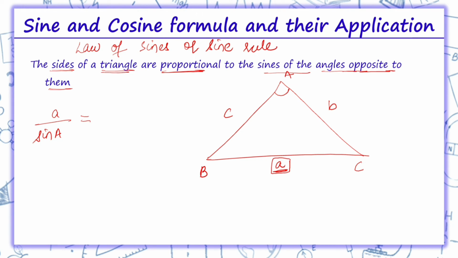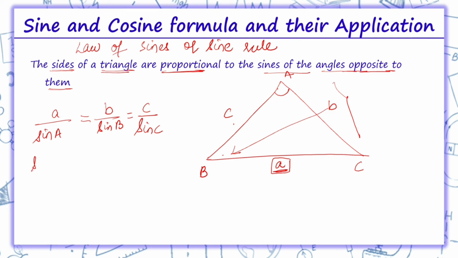So we can write A upon sine A equals B upon sine B, since side B has opposite angle B, and then C upon sine C. This is basically the law of sines, or the sine rule.